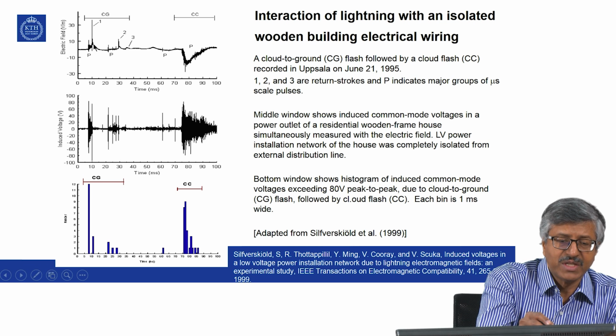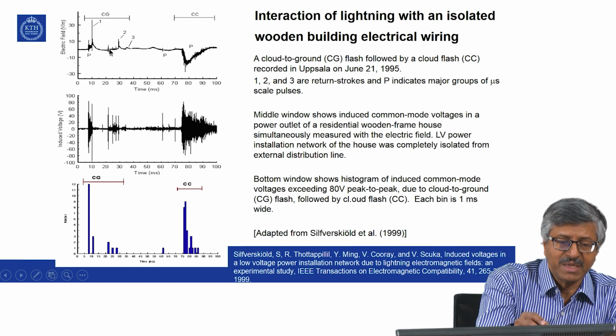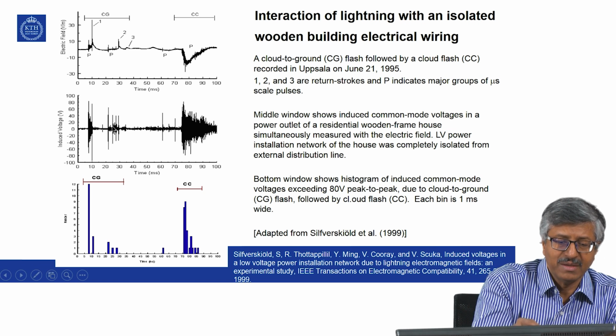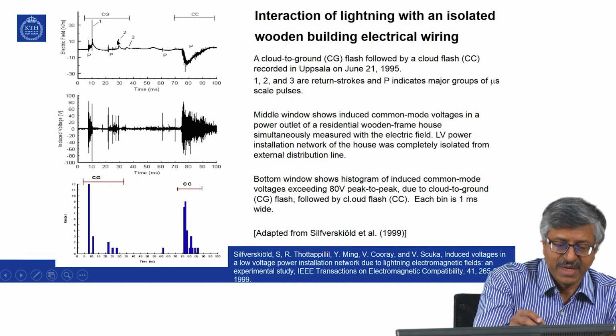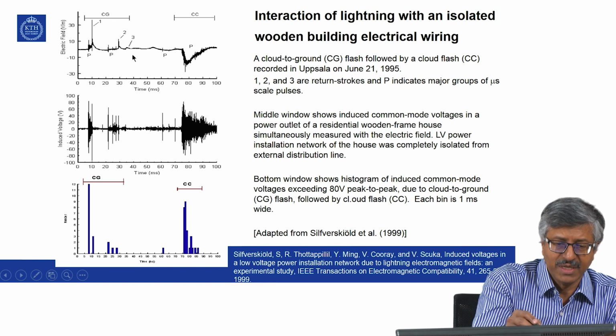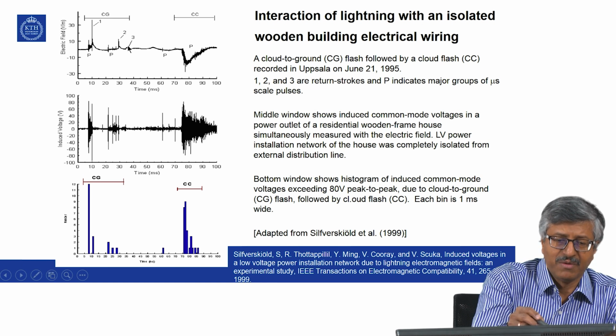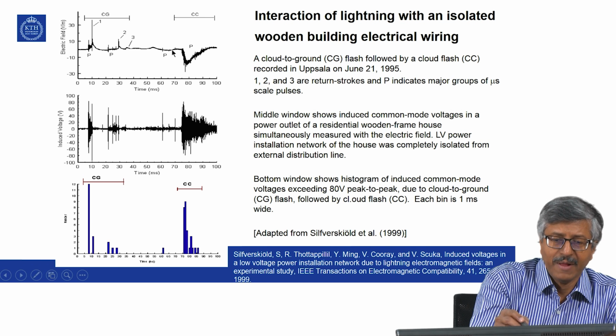And this is the first return stroke. Then after that, again you have some quiet period and some events in the cloud. Again, the structure is responding to that, producing pulses. Then the second return stroke, third return stroke, they are very small return strokes.